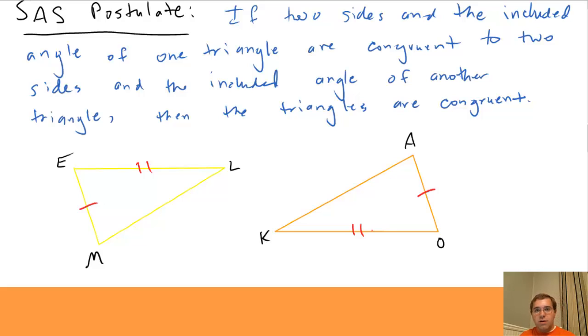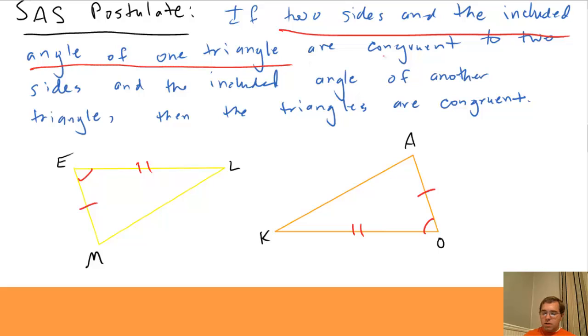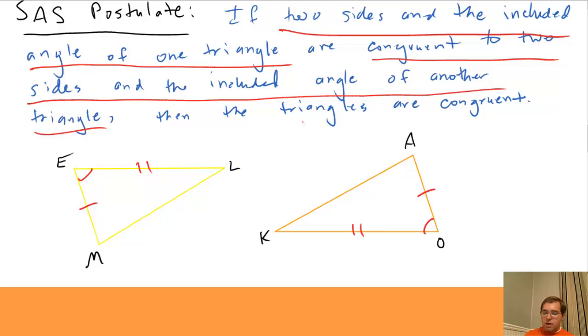We need the angle that is included in those sides. So the angle included by EM and EL is angle E. The angle included by AO and OK is angle O. So if we know that information, two sides and the included angle of one triangle are congruent to two sides and the included angle of another triangle, then we know the triangles are congruent.